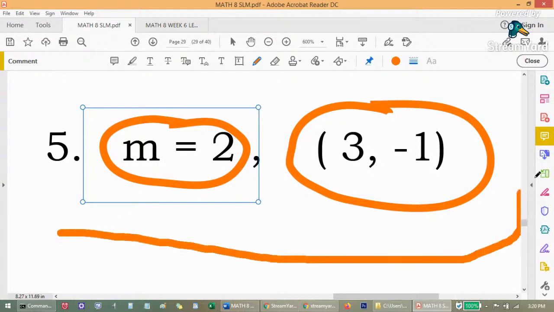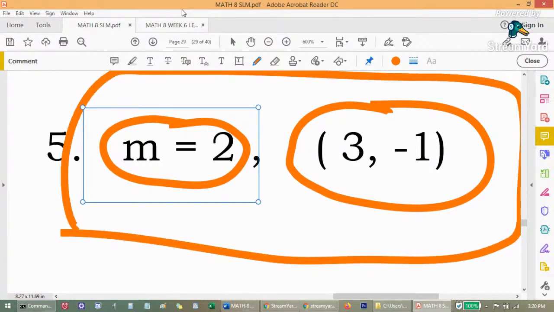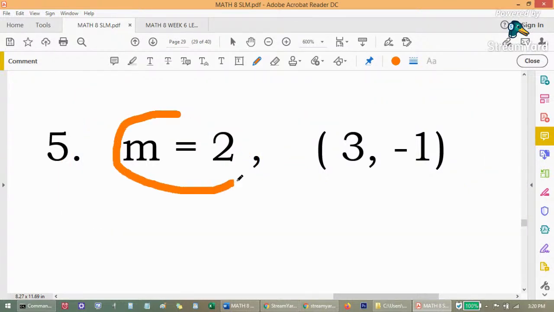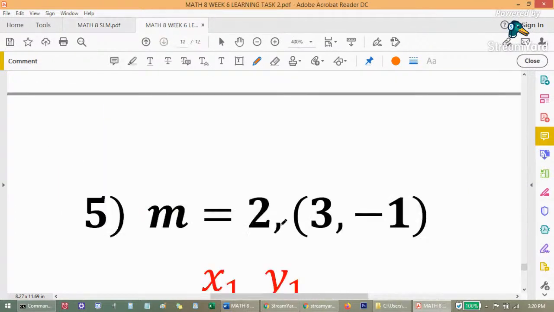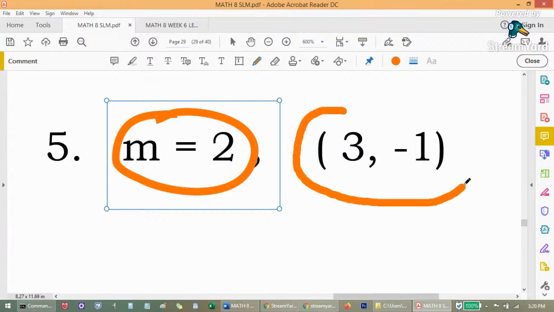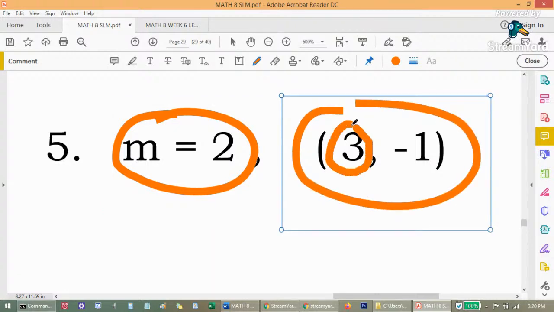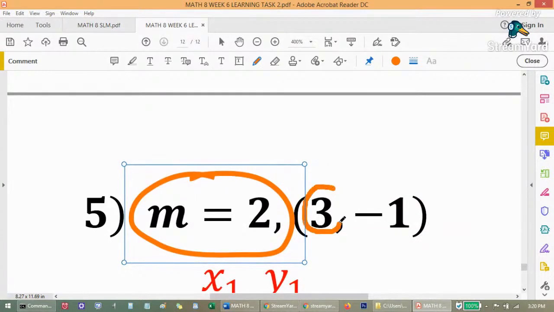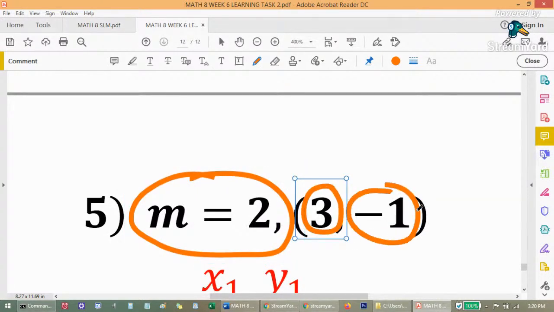So, kukopyahin lang natin to. Slope is equal to 2. And the point is positive 3 and negative 1.